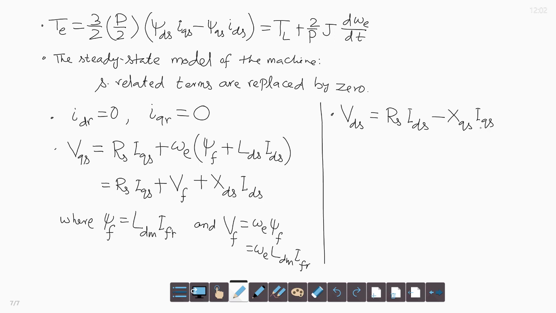So, in these steady state equations, these variables like IDS, IQS, these are RMS phasors, phasors represented by RMS quantity, and if stator resistance RS is neglected, these steady state equations can be described using the equivalent phasor diagram which you have drawn in previous class.